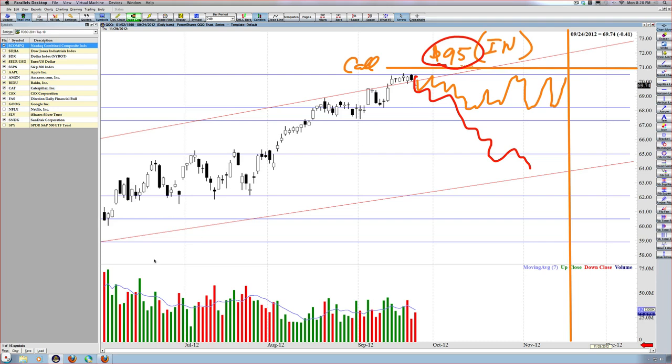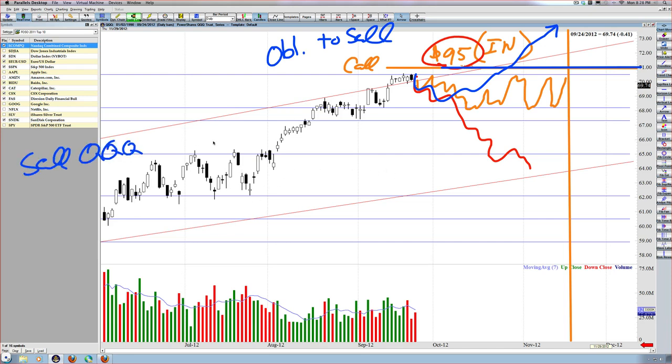Okay, now what happens if the Qs go bullish? Well, you're gaining on the equity of the stock, but only up to the call option. Why? Because you have just entered into an obligation to sell because you sold somebody else the right to buy. So, Tom, what happens at that point? Well, at that point, you're forced to, and I'm going to write this over here, sell QQQ at $71.